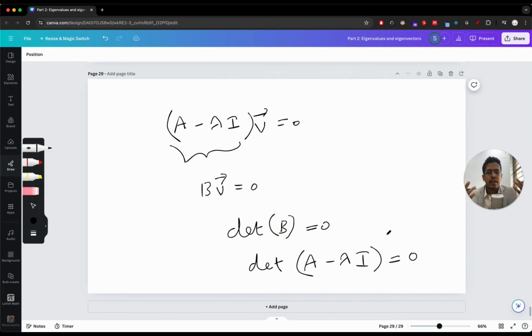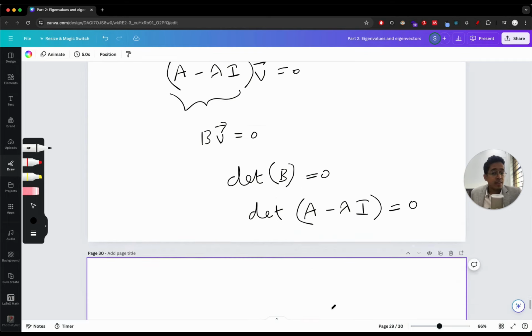Because of that, the scaling factor of the area of the unit square will be 0. So the unit square will become almost like a straight line. The area of that would be 0, and because of that, the determinant of the transformation matrix, which is A minus lambda I, will also be 0. So this is how it works.